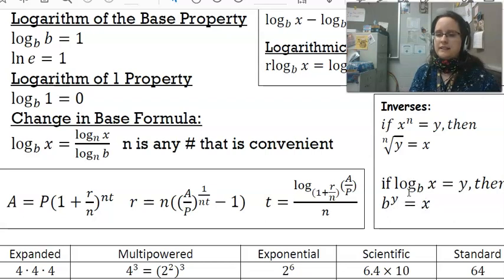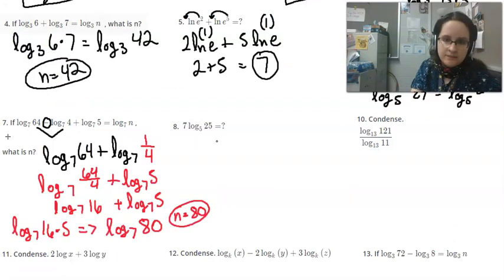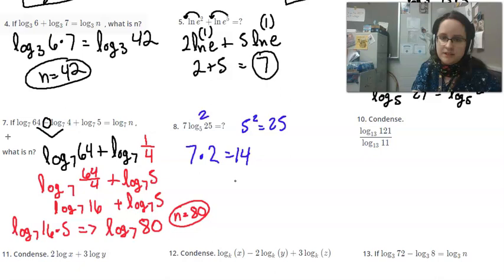So basically, if log 5 of 25 equals something, then 5 to that something power equals 25. We know that 5 squared equals 25, so that means this is really 2. So 7 times 2, 14, would be your simplified expression.